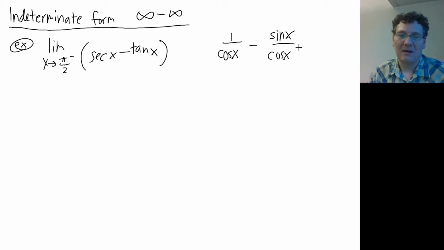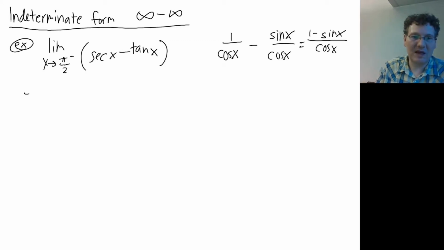So you can see, as x goes to pi over 2, the secant and the tangent are both going to infinity, but if you observe that the denominator of both of these fractions is cosine, you actually can get 1 minus the sine of x over the cosine of x.